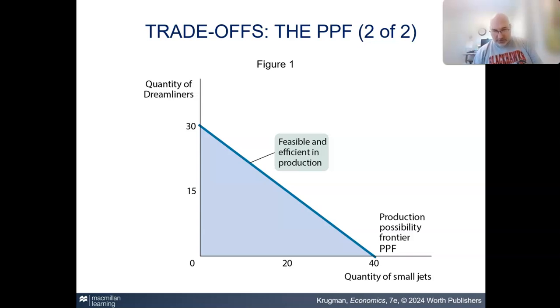Those are somewhat substitutable. It's just scale. Dreamliners, for those that don't know, are really large jets, like two-story jets. These are massive jets. And then you have the small jets, maybe small luxury jets even.